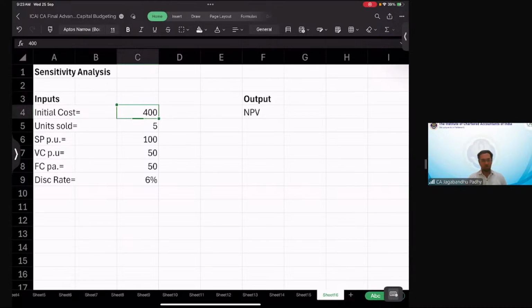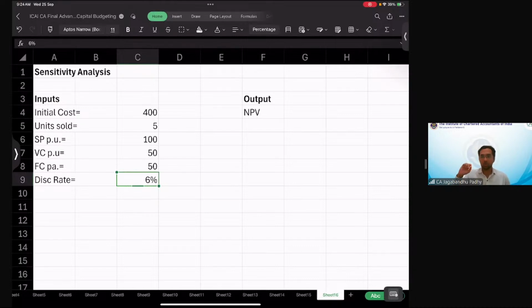Now, if I change any one of them, maybe the units sold, maybe the initial cost, maybe the selling price per unit, possibly the fixed cost, then is the NPV also going to get affected? Tell me guys. If I change the initial cost, is the NPV also going to change? Yes or no?